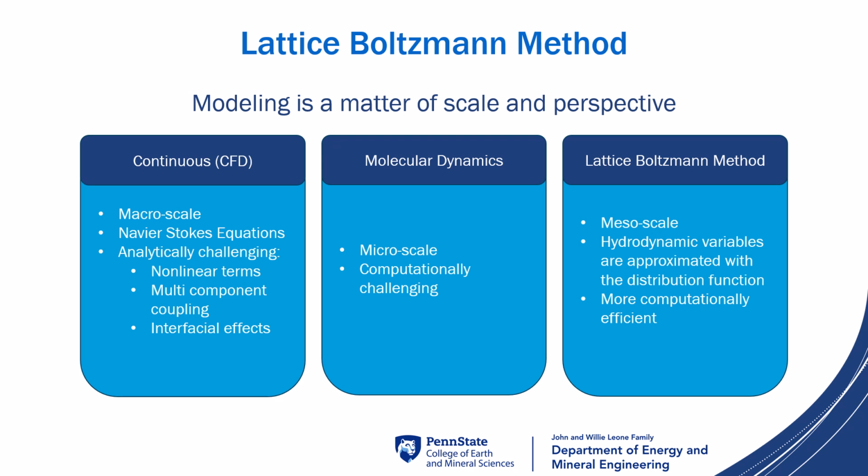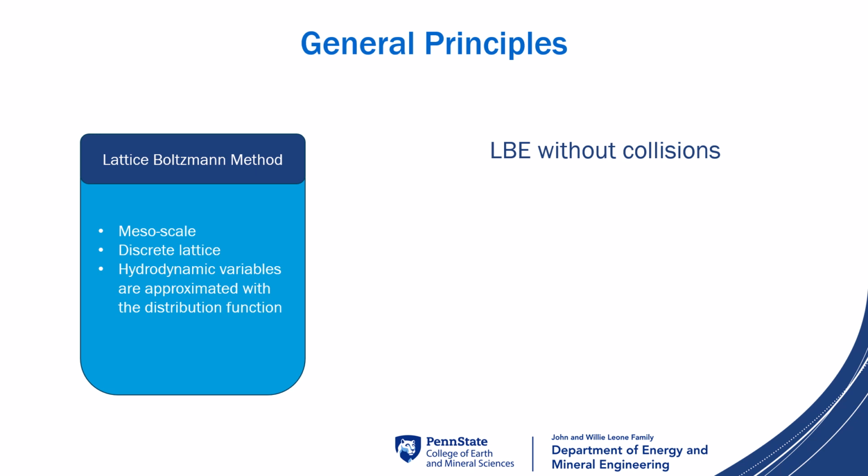To build the full picture of LBM from first principles, we begin by examining the Lattice-Boltzmann equation without collisions. At its core, the LBE governs the evolution of the particle distribution function at each node on a discrete grid across specific timescales and directions. In the collisionless case, there is no mechanism for momentum or mass exchange between directions.